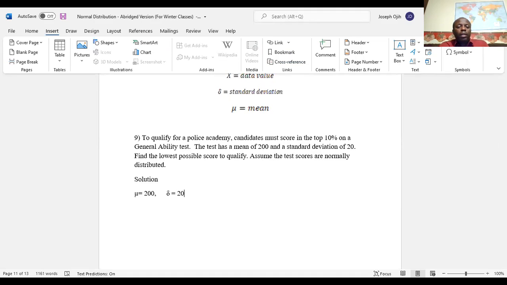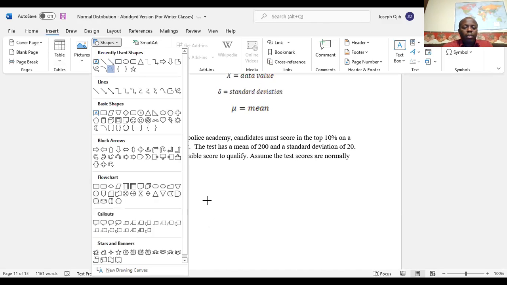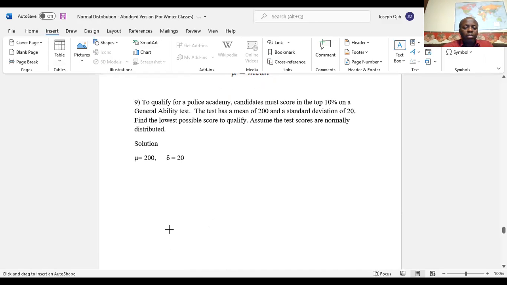Now, I said to qualify, you must score in the top 10%. This is where we need to find our Z. We have to draw our chart. So top 10% means your score will be bigger than the bottom 90%.